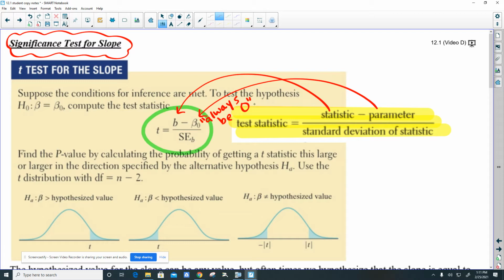We collect our data, we run a regression, and we see if the evidence is convincing enough to lead us to our alternative hypothesis, which would generally be a statement of, if the slope's positive, negative, or it could be does not equal to. Now, the denominator is our standard error of our statistic, in this case, the standard error of our slope, and we are still using degrees of freedom n-2.